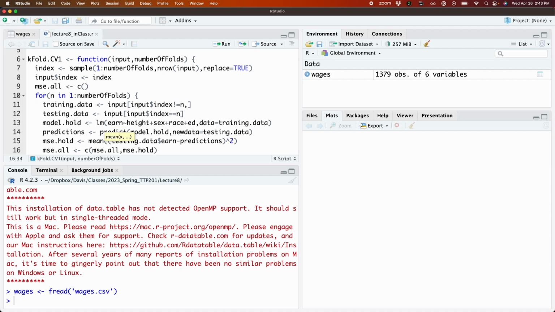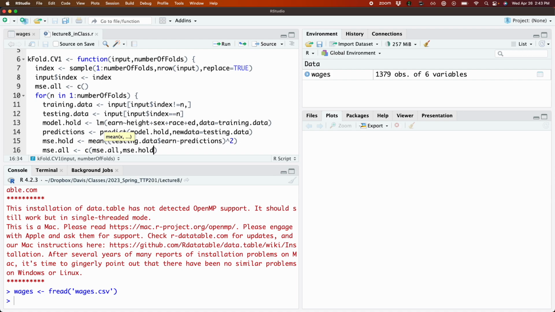It says take that bucket and put in the mean squared error that I'm calculating for this particular fold. And then fill it up again every time you walk through. So if it's 5, you'll end up with 5 values of your mean squared errors in MSE.all.